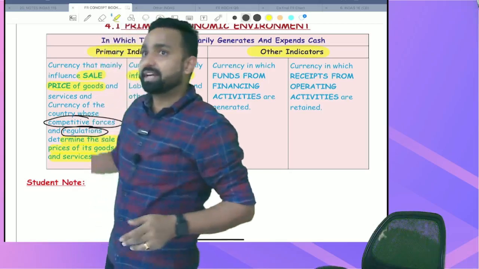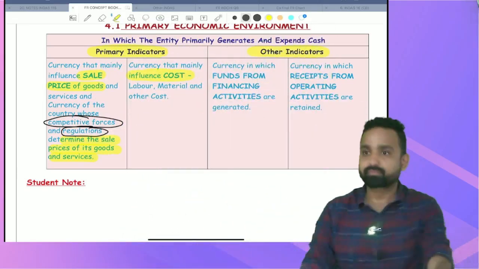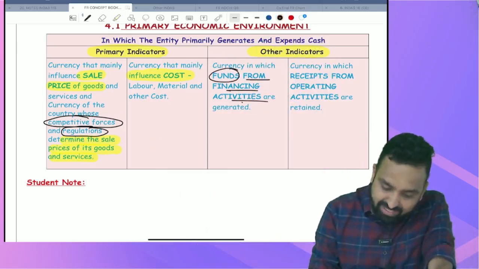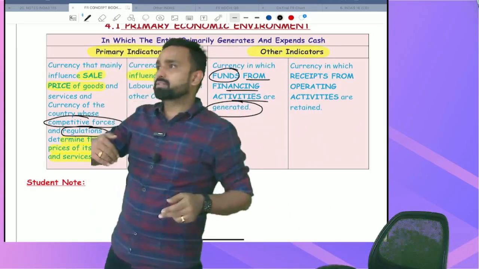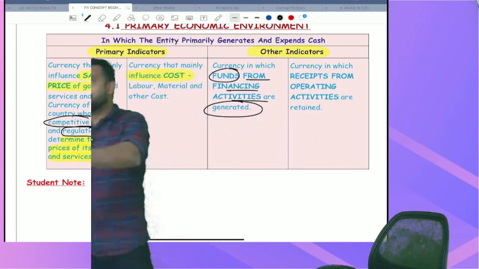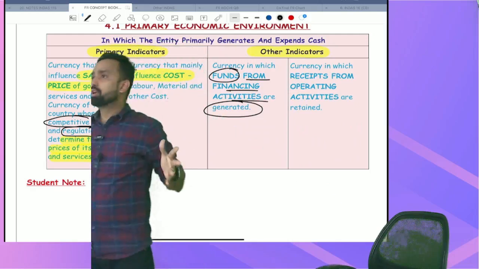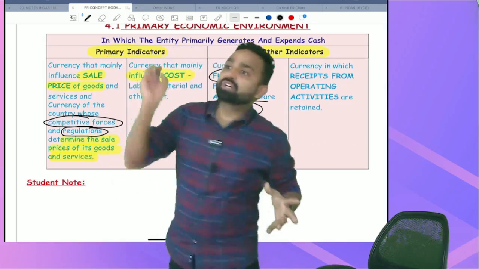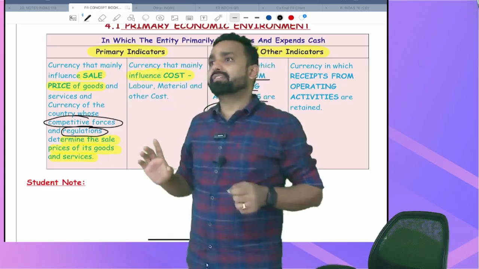Please go to the other indicators. Currency in which funds from financing activities are generated. Same example: revenue from US, expenditure in India, on the employees of India. Now I am confused from the primary indicator, so I will check the third one. Funds from financing activity. What is this?